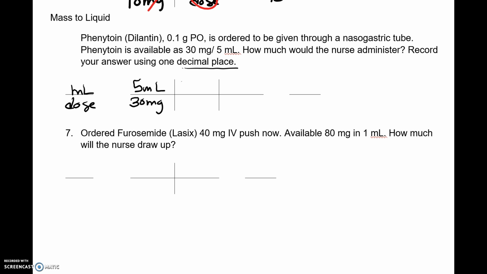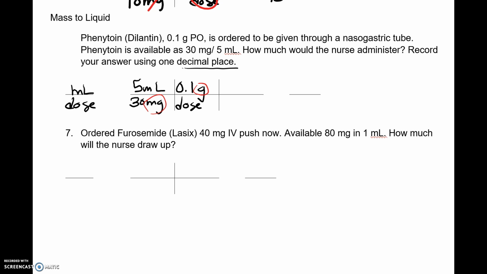Our patient is to receive 0.1 grams per dose. And then to do any kind of crossing out, we need to look at milligrams and grams. We know that there's a conversion factor from milligrams to grams.